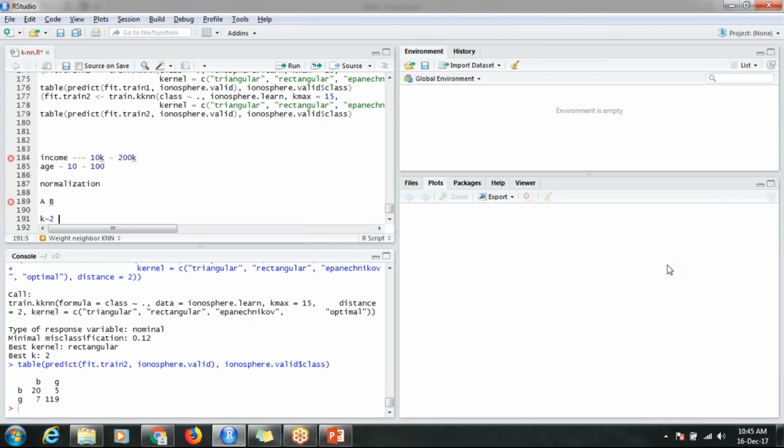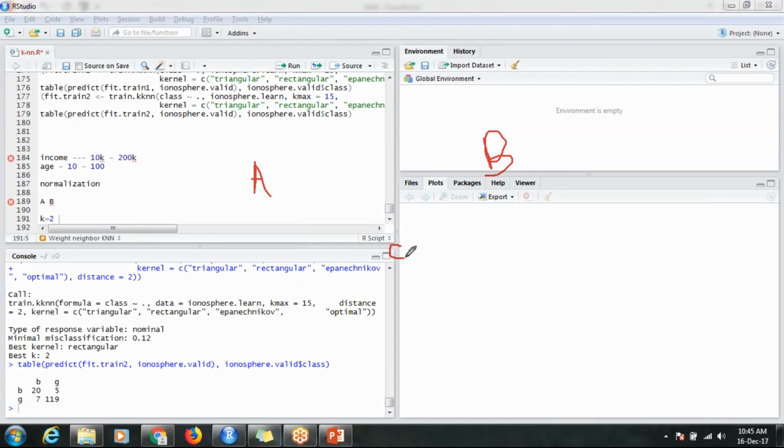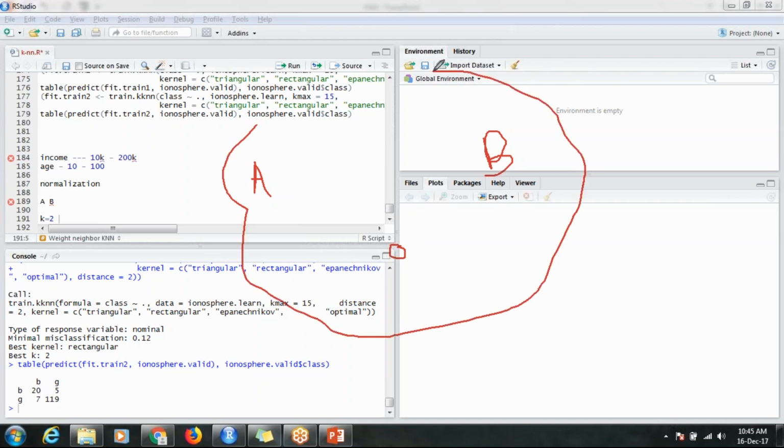Let's say I have A over here, I have B over here, and I have my new sample somewhere here. Now, with k equal to 2, these two are my nearest ones. Let's say distance is not a parameter here; I have to select the nearest two. So both of them are there.